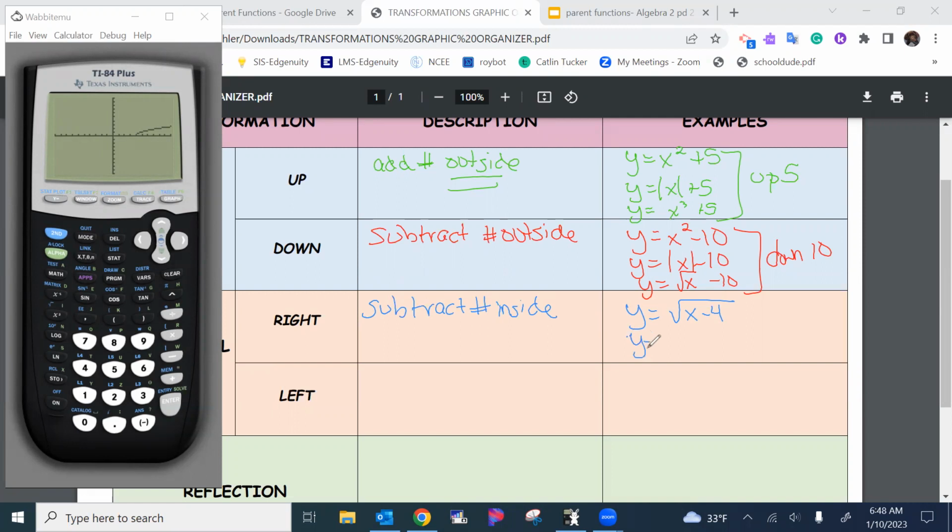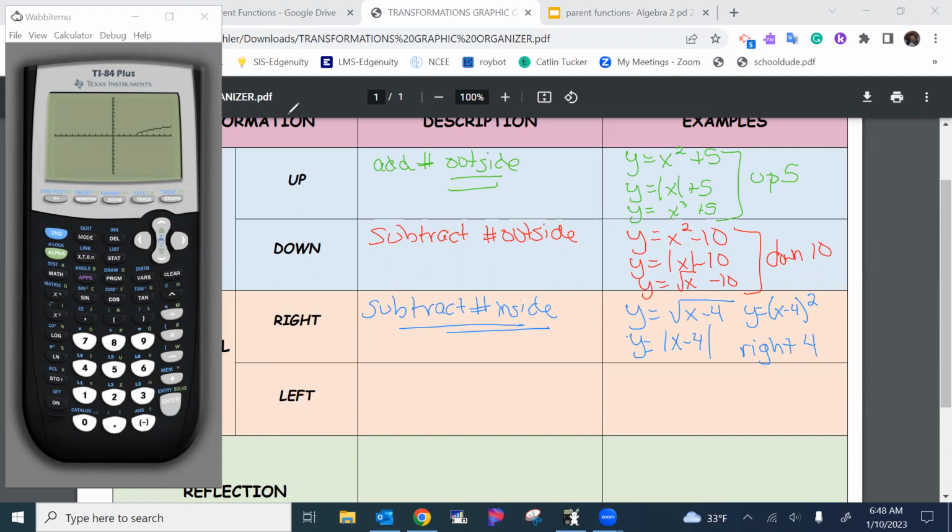Or it'd be y equals the absolute value of x minus 4. Or it'd be y equals x minus 4 in parentheses, that whole thing squared. All of that would move things to the right 4 because I'm subtracting on the inside.